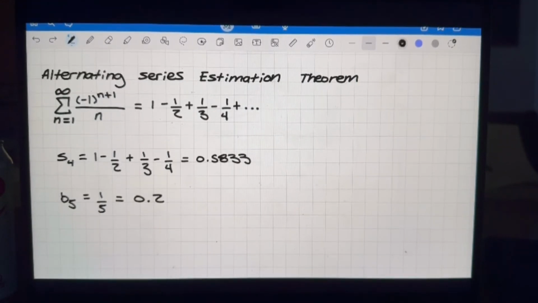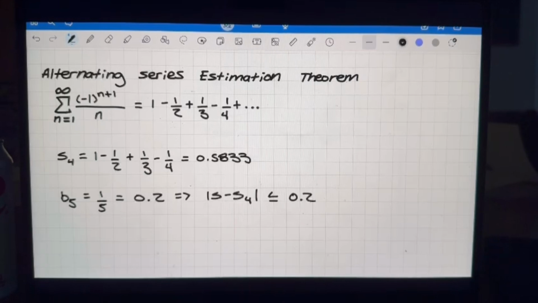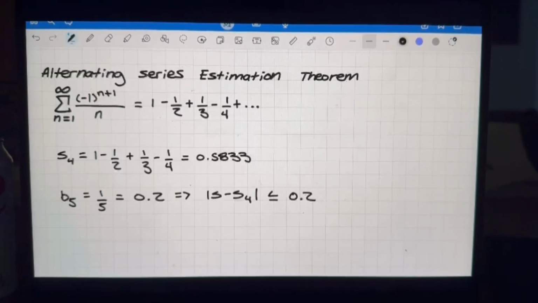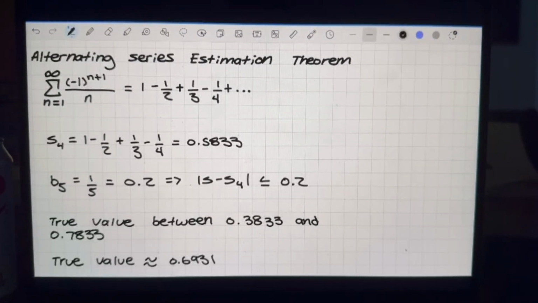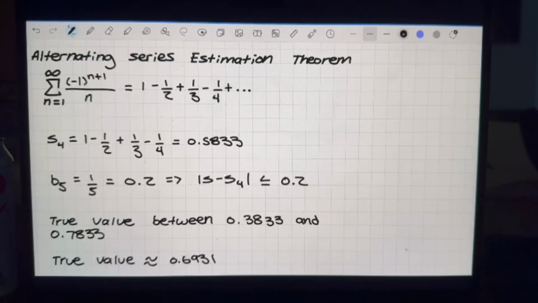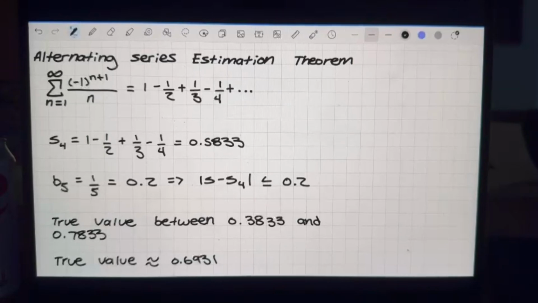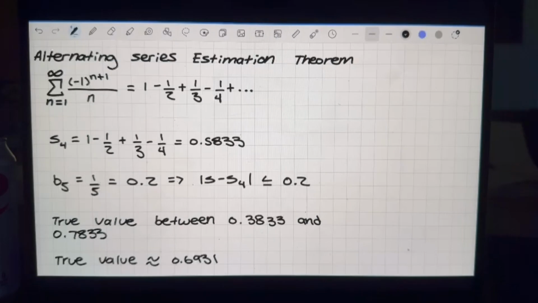According to the theorem, the error in our approximation is bounded above by this value, also shown as the absolute value of S minus S sub 4 must be less than or equal to 0.2. This tells us that the actual sum lies within 0.2 units of our approximation, meaning that the true value is somewhere between 0.3833 and 0.7833. In fact, the true value is approximately 0.6931, and as predicted, falls within that range.